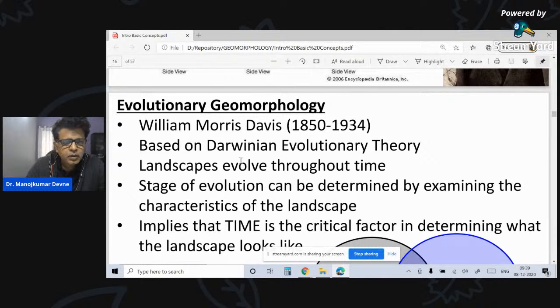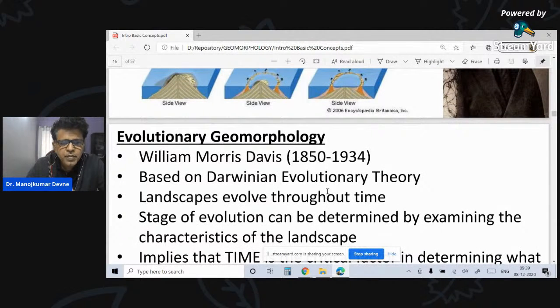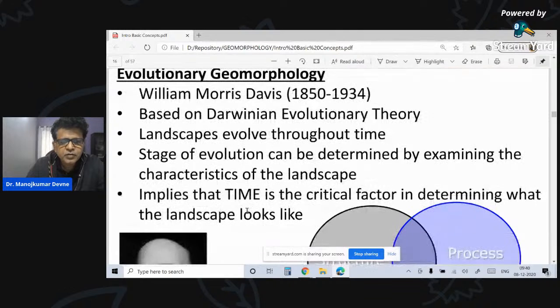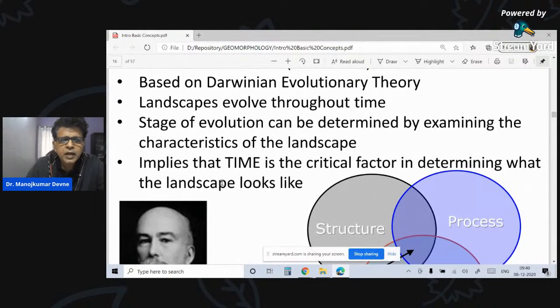And yeah, we have W.M. Davis, who is immensely impacted by Darwin, and he says that everything in geomorphology works in what Darwin says is the cycle of life, and accordingly, he says that the stage of evolution is determined by examining the characteristics of the life cycle of the landscape, and he implies that time is a critical factor.